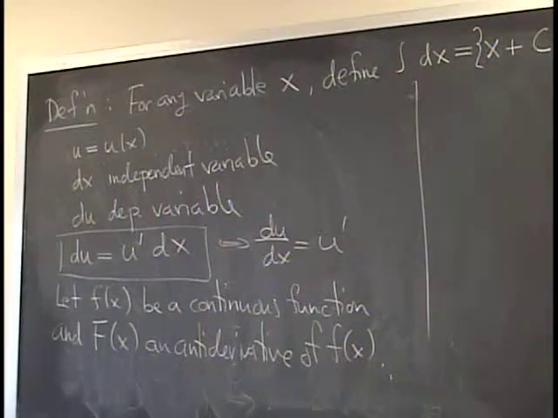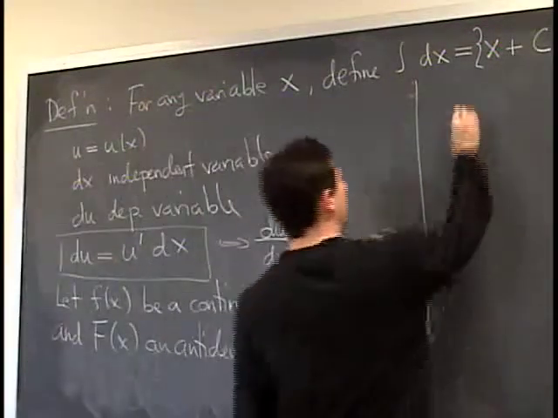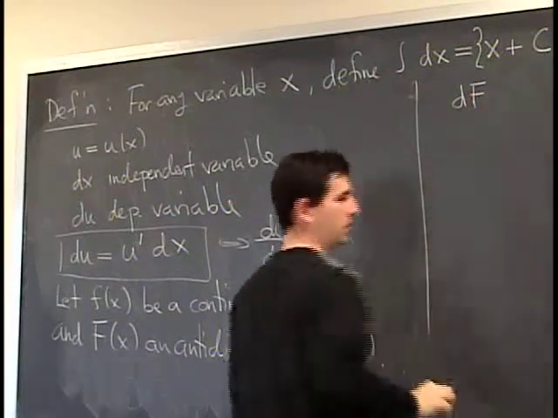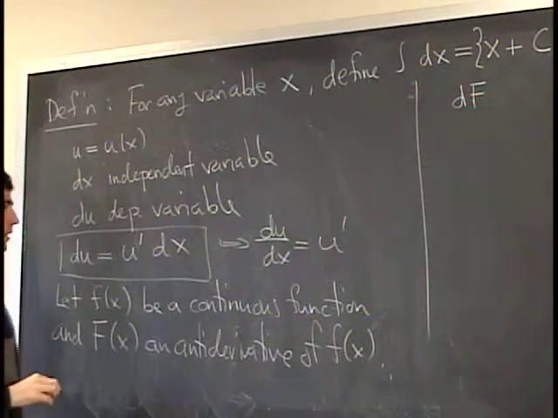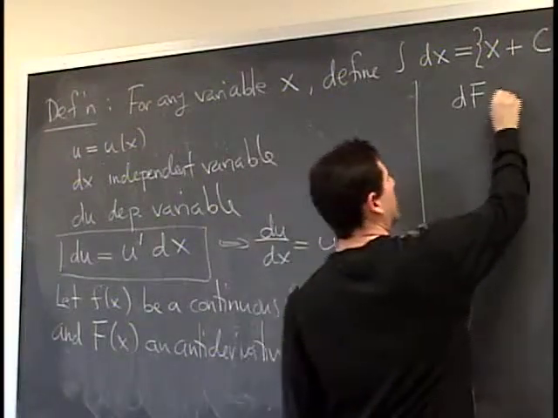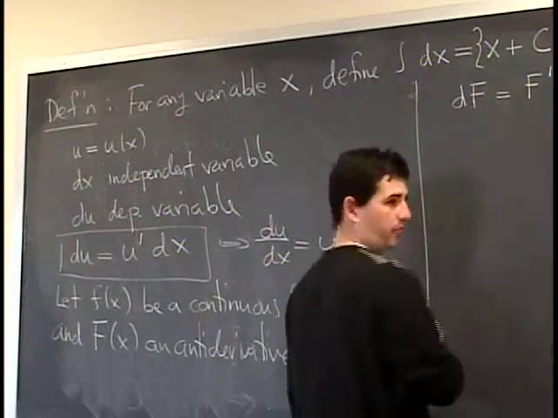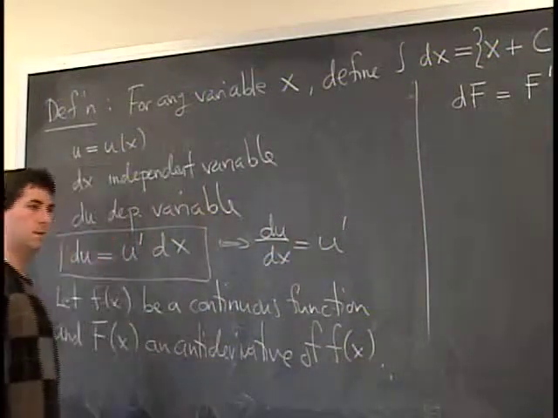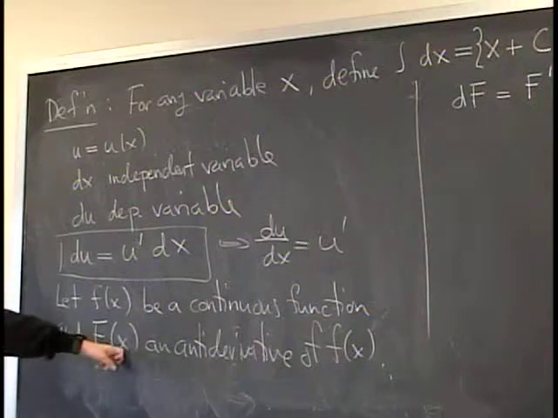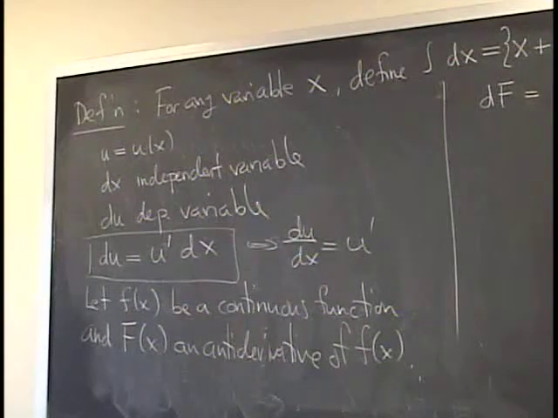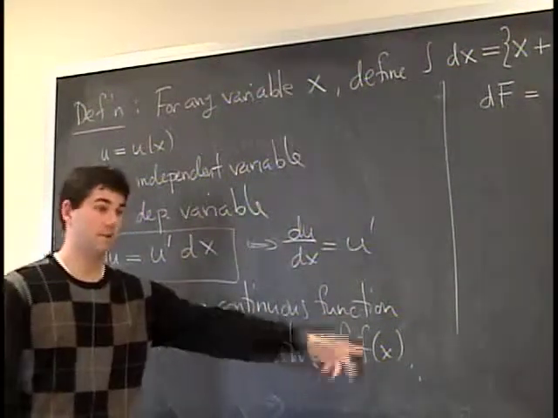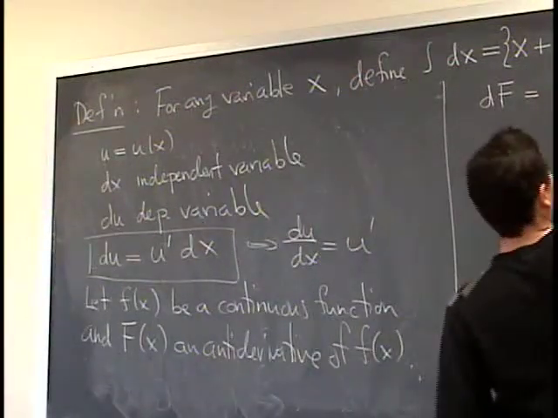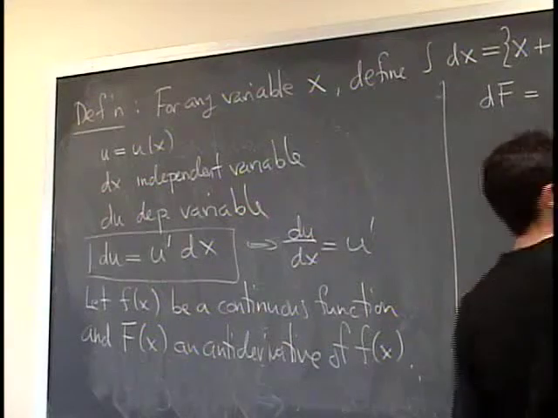Okay? Then, well, by definition, dF is equal to F prime dx. And F prime is what? Little f, right? Because big F is an antiderivative. So this is equal to f dx.